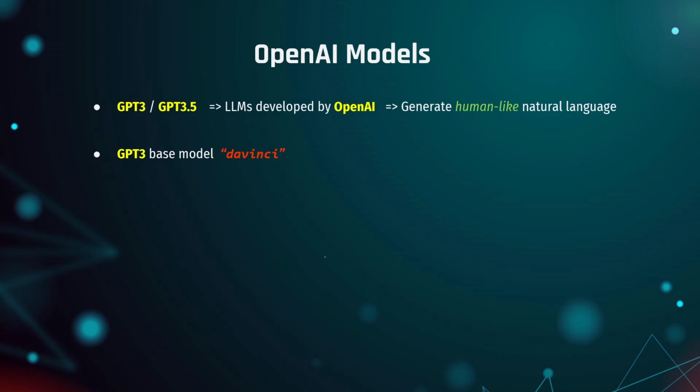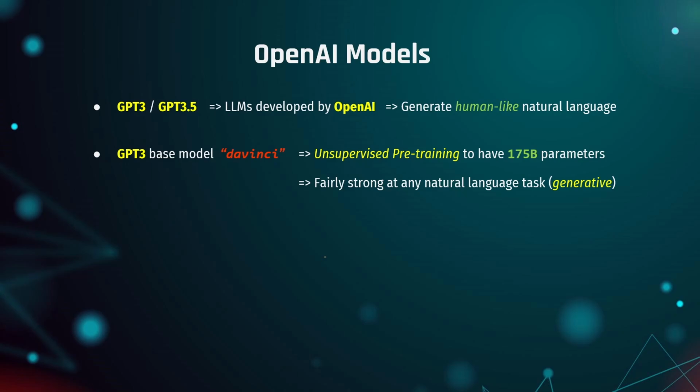Okay, and this particular model, Da Vinci, is the same model that was trained using unsupervised pre-training on about 45 terabytes of data, which resulted in an astounding 175 billion parameters. এবং আমরা দেখেছি after this pre-training phase, our model becomes fairly strong at any given NLP task, right?